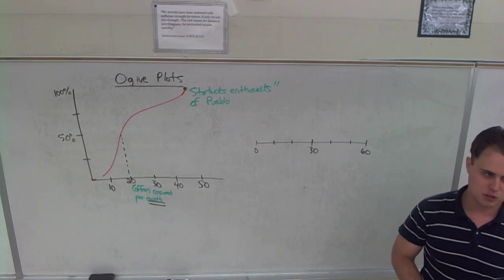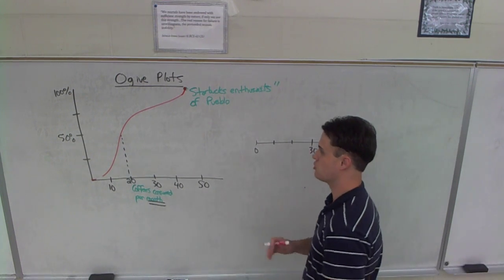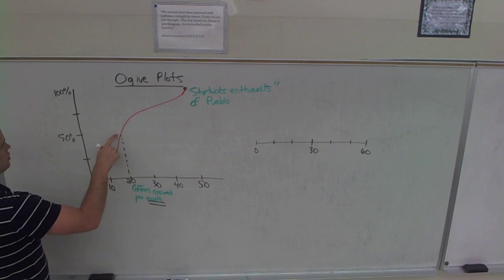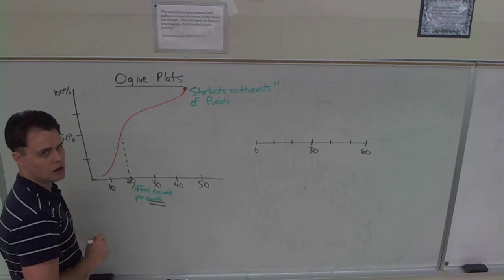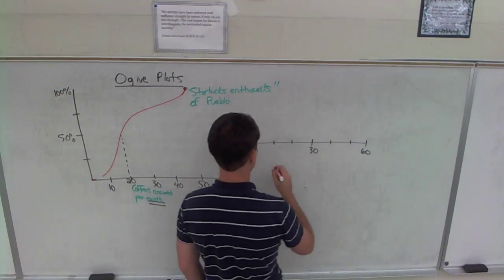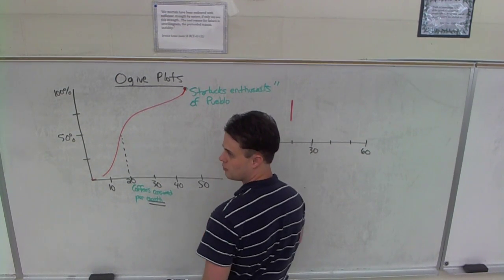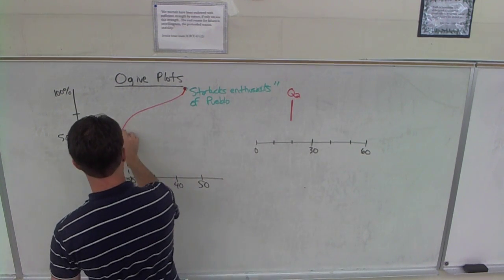To translate that into a box plot, just use the quartiles. So we said that 50% of people drink 20 coffees a month. So that's going to be the median. There's the middle of the box, quartile 2.